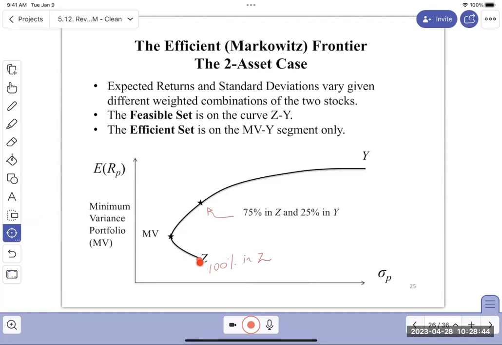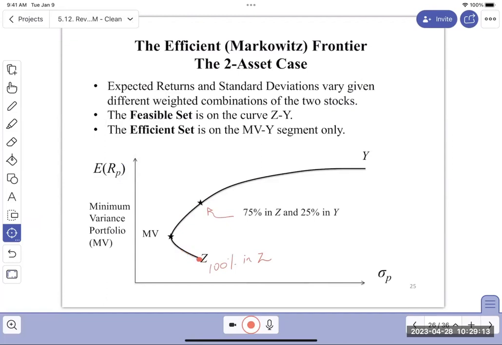As I include more of the risky assets, you see here, like this asset here, this is a lower risk and higher return asset. So that does not have the trade-off feature, right? It's lower risk and higher return. I like both of those. I keep going. I'm going to put more of Y. So I'm not going to do 100% Z, because putting more of Y in still gives me high return with less risk.